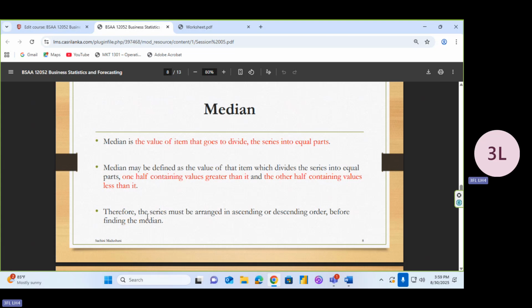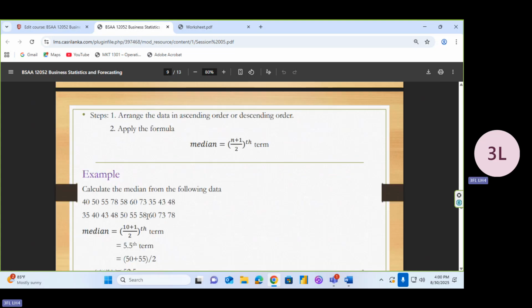If we have the raw data set, how do we find the median value? First, arrange the data set in ascending or descending order. Normally we arrange it in ascending order, from minimum value to maximum value. After that, find where the median point, the middle point, is.